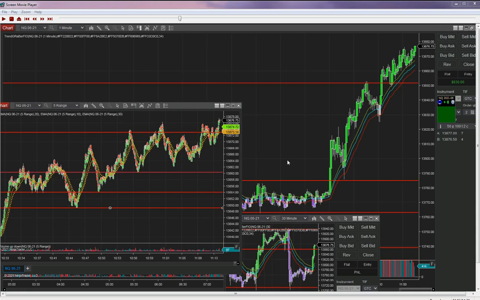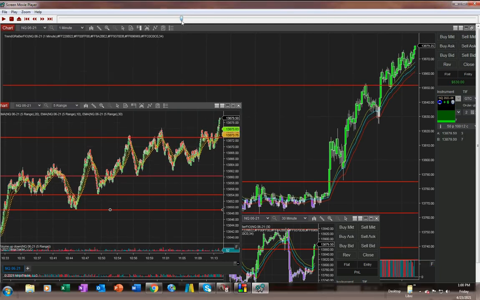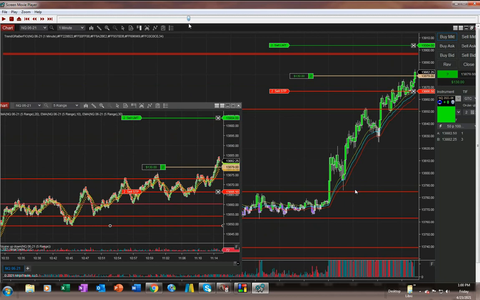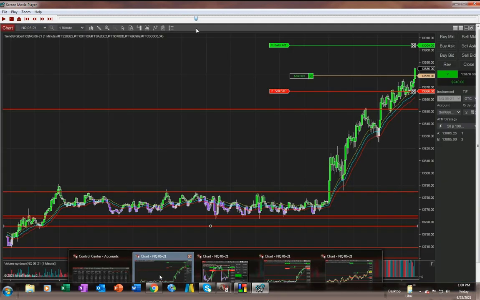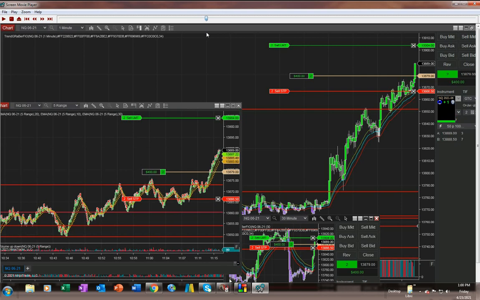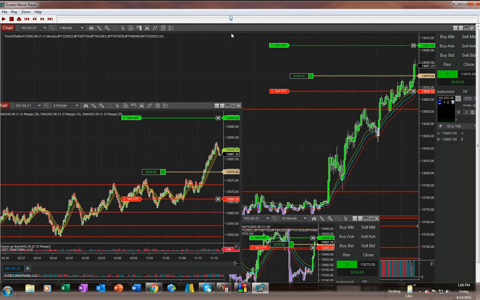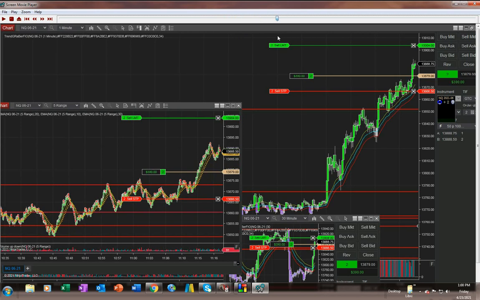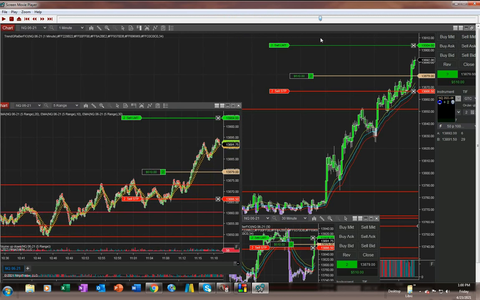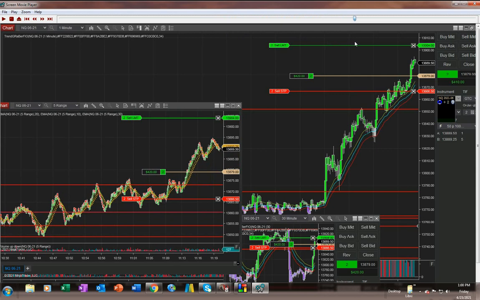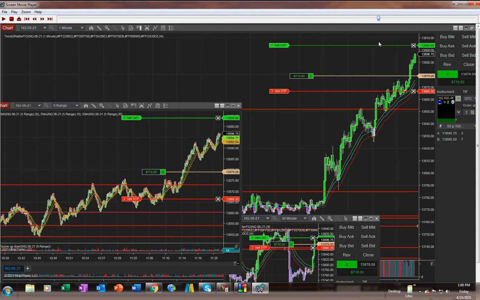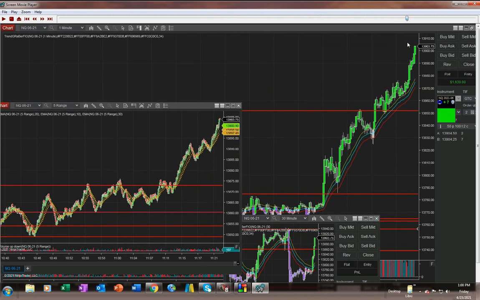So normally I would not want to take a trade all the way at this high, but because of the momentum I was seeing, I actually enter here and this one, because of our good lack of any resistance there, makes it all the way up. So that was a 100-tick winner.